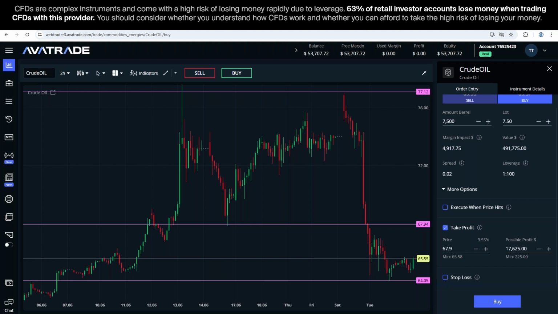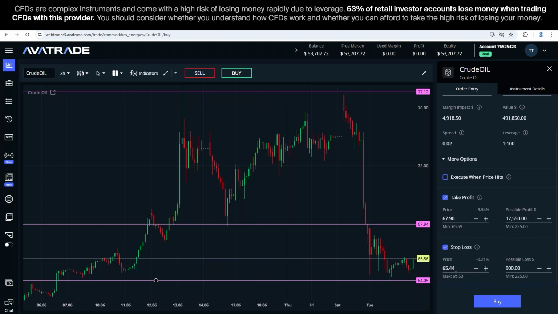without having to break that resistance line up here, and my stop loss, it would have to break this support level, so below 64. So if we say 63.9, okay, then we're looking at over 17,000 profit with about 12,000 risk.